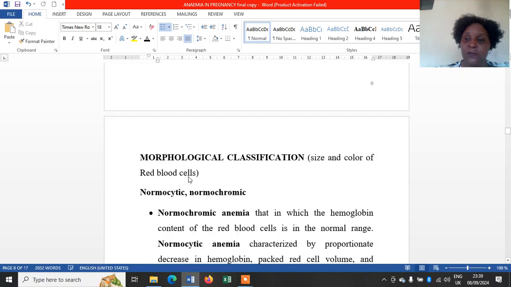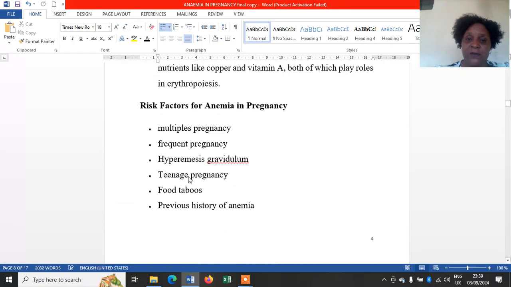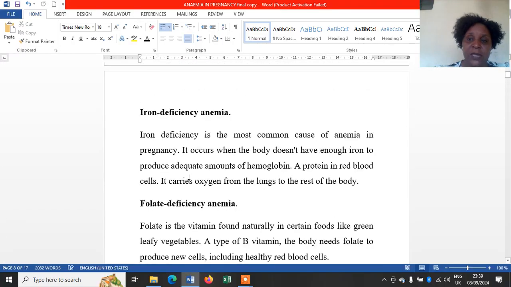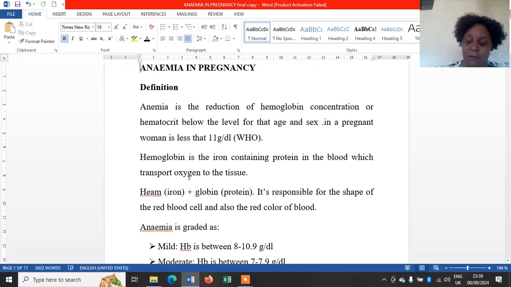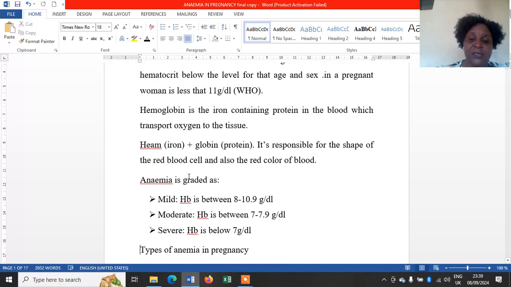As above, in the first paragraph, like we said that mild anemia in pregnancy is 8 to 10.9 grams per deciliter. Moderate anemia is 7 to 7.9 grams per deciliter, and then severe anemia is hemoglobin level below 7 grams per deciliter.